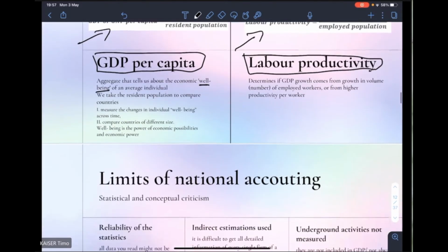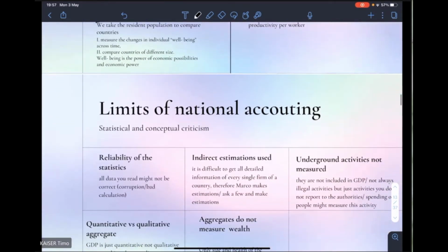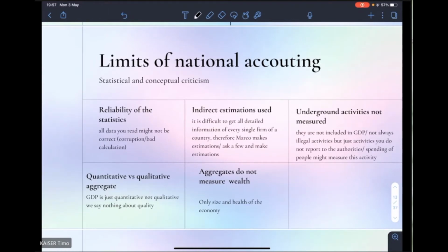So now we moved on to the last part of chapter 1, which will be the limits of national accounting. First, we will look at the statistical and conceptual criticism that national accounting faces. It's only theory, therefore I won't go into detail with all of them because you have the slides, they are explained there. If you have any questions, of course, you can ask them, but there are 5 limitations concerning statistical, which would be the reliability of statistics.